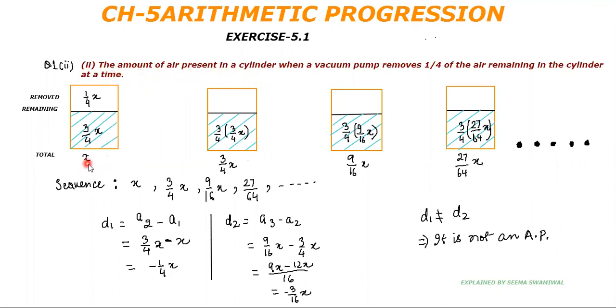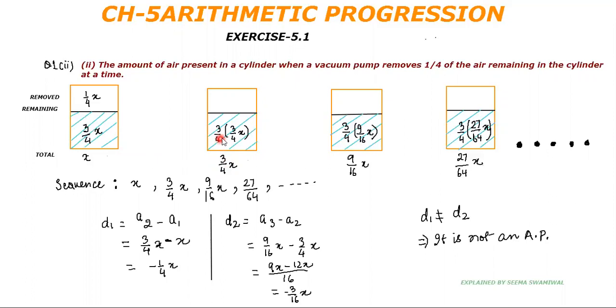Let's assume that the total air present in the cylinder is X. When you pump, 1/4 of it gets removed. That means 3/4 of X is remaining in it. Now, next time when you pump, the total air present in the cylinder is 3/4 X.